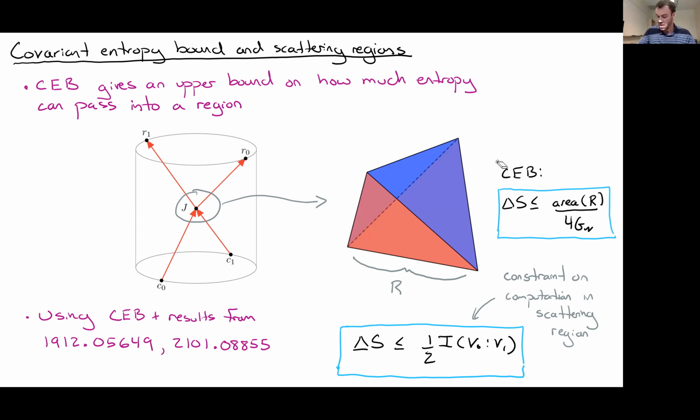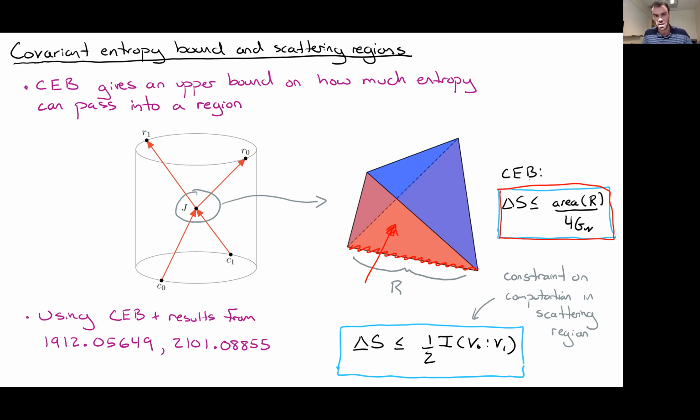In particular, what the CEB will tell you is that if you look at the area of this surface along the bottom that we talked about before, that area divided by 4G Newton will upper bound the entropy passing into the region. Okay, so there's this red face on the front, the entropy that goes through that will be bounded above by the area according to this CEB.